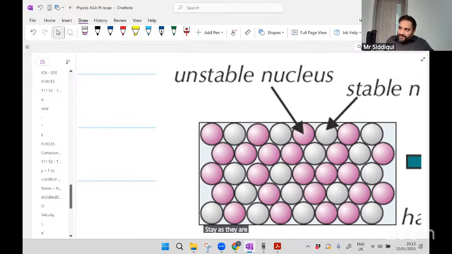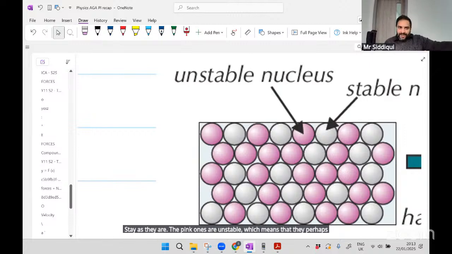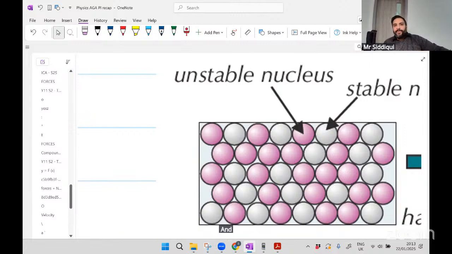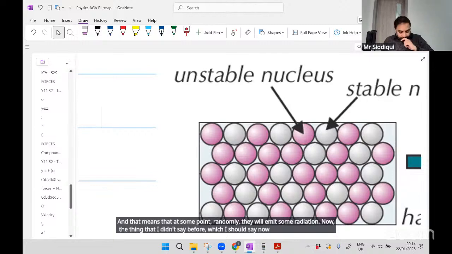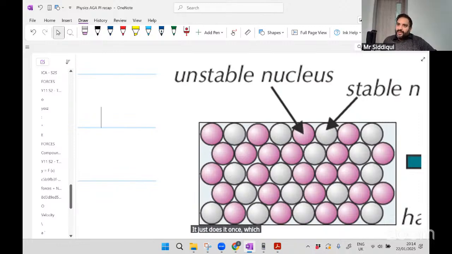The pink ones are unstable, which means that they perhaps have too many neutrons because they are isotopes. And that means that at some point, randomly, they will emit some radiation. Now, the thing that I didn't say before, which I should say now, is that once an atom emits that radiation, whether it emits alpha, beta, or gamma, it just does it once, which means that after it's done it, it becomes stable. Remember, the reason it's trying to do it is to become stable.